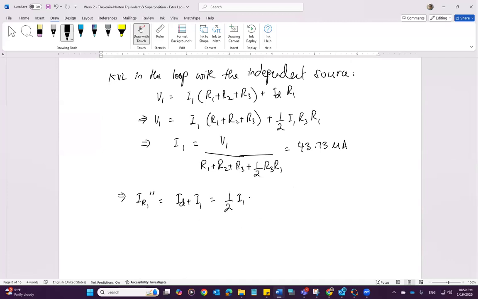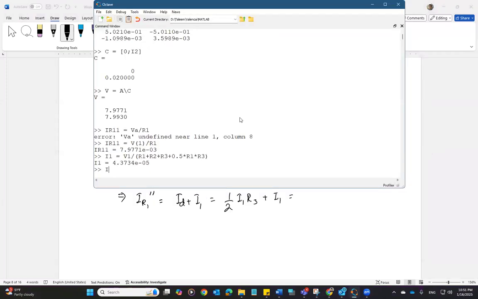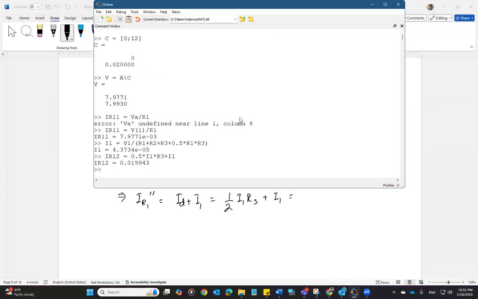So half of I1 times R3 plus I1, because the current source is a voltage dependent current source. So IR1, I'm going to call it 2, is equal to 0.5 times I1 times R3 plus I1. So 0.0199, so 19.94 milliampere.